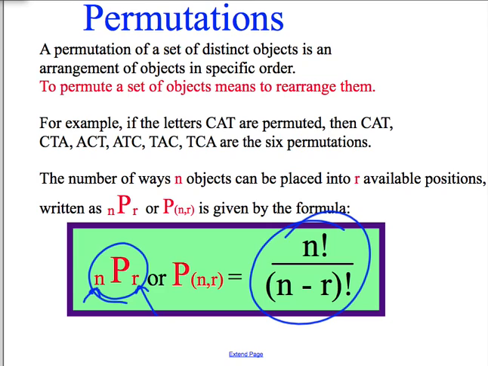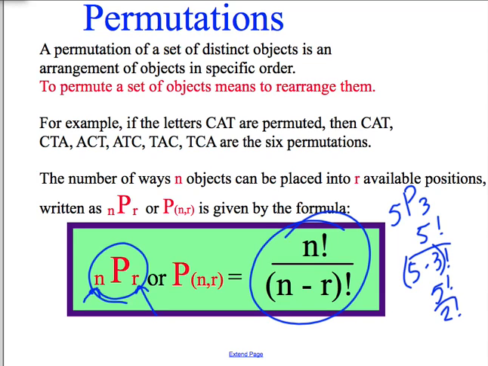If you take a look at our chair example, we had 5 people for 3 spots. So in the chair example back here, we had 5P3. So if I calculate that out using the formula, I get 5 factorial over (5 minus 3) factorial, which would be 5 factorial over 2 factorial.